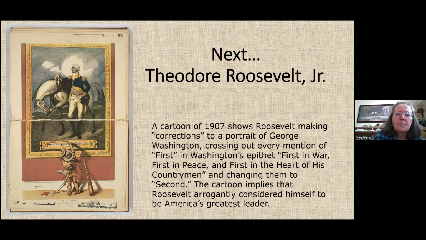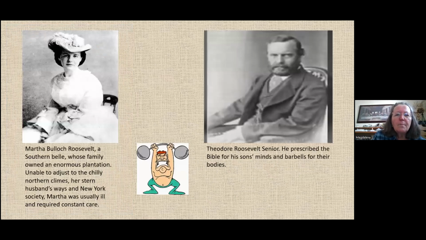Anyway, these are the parents of Teddy Roosevelt Jr. On the left, you see Martha Bullock Roosevelt. She's a Southern belle. Her family owned an enormous plantation, and she was unable to adjust to the chilly northern climes and her stern husband's ways and New York society.